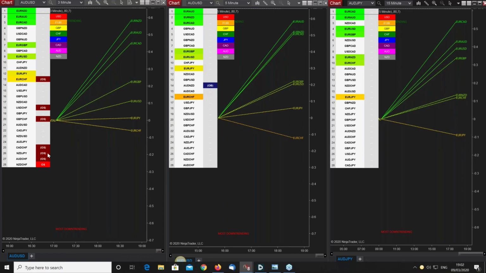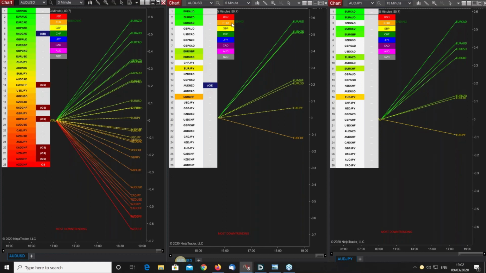So we've got brackets all the way down here, but the New Zealand Swiss, certainly as far as the 3 minute is concerned anyway, is at, or could be considered at, an oversold condition. It's not a signal to take the trade, but it's certainly a signal to go and have a look at that particular chart. You'd look at the volume relationship, and then you make a judgment based on that. So it's giving you a heads up to a lot of information. Just click those back on again.